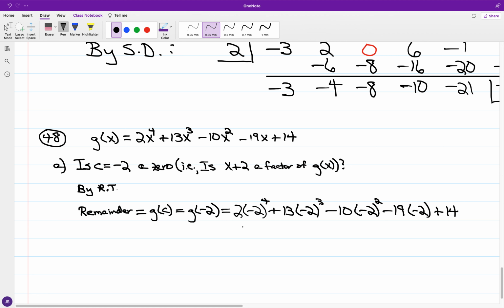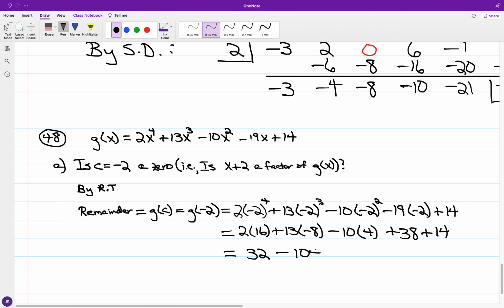So after filling in negative 2 in place of x, we have 2 times 16, plus 13 times negative 8, minus 10 times the square of negative 2, which is 4, and negative 19 times negative 2, so this will be positive 38, and plus 14. 2 times 16 is 32, 13 times negative 8 is negative 104, negative 10 times 4 is negative 40.